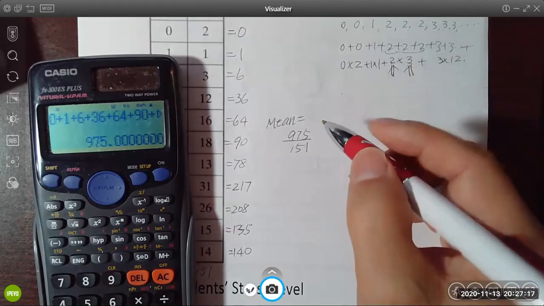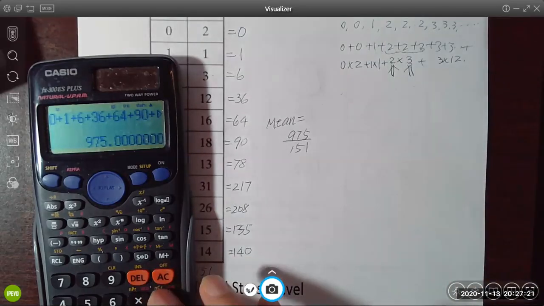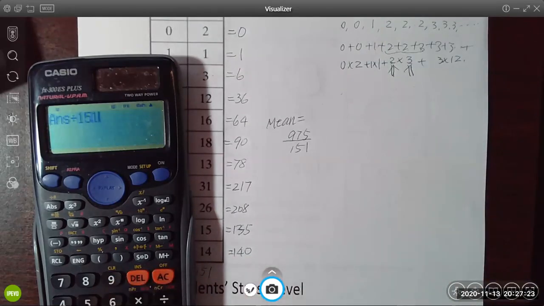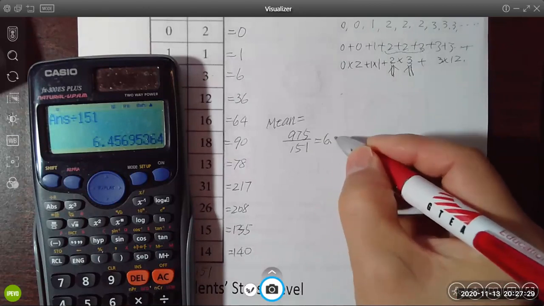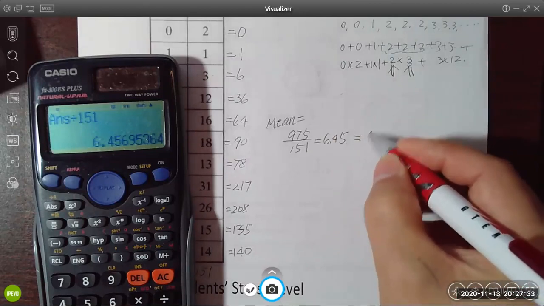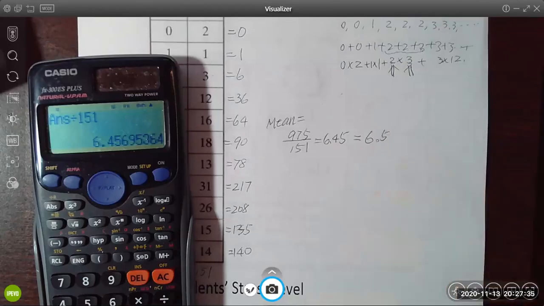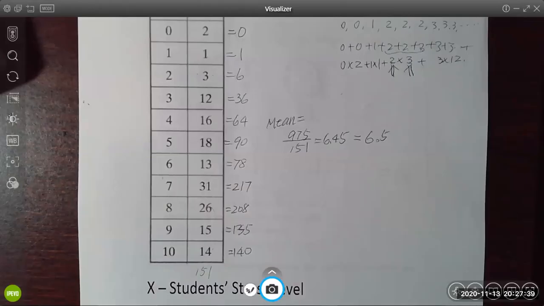Eventually, it will be equal to the mean. So 975 divided by 151 is about 6.45. Let's take just one decimal digit, so 6.5. That's the median. Oh, that's the mean, I'm sorry. So we get the mean.